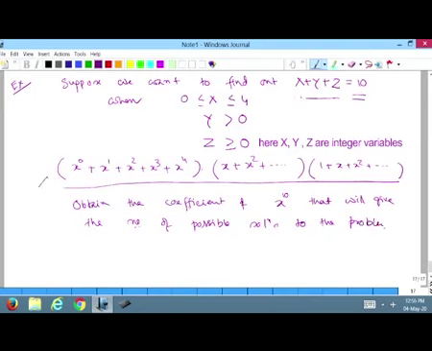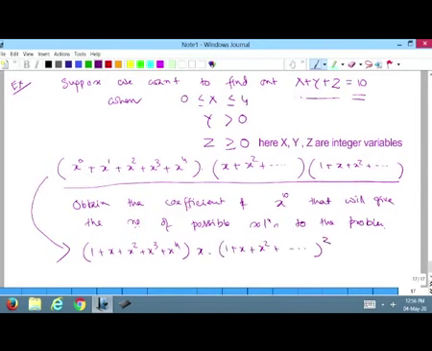So, let us try. We have 1 plus x plus x square plus x cube plus x to the power 4 multiplied by x. If we take out x, then we get 1 plus x plus x square up to infinity whole square. So, let us try to find out the coefficient of x to the power 10 in this.